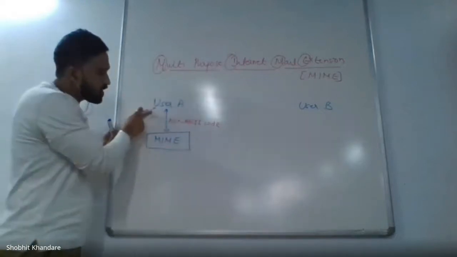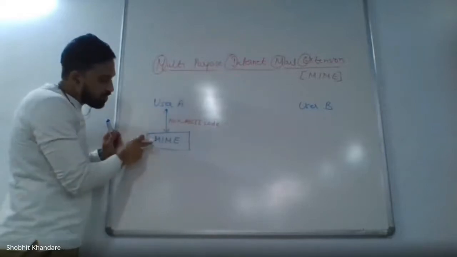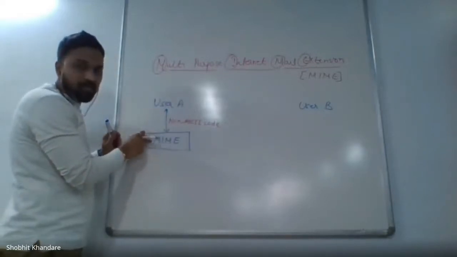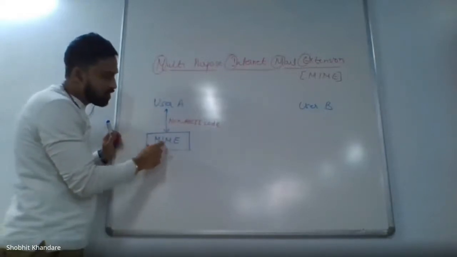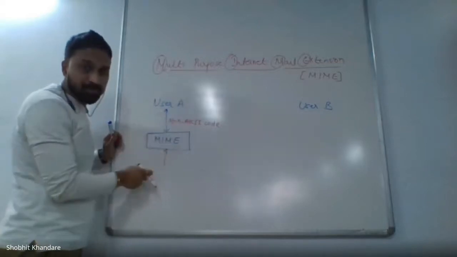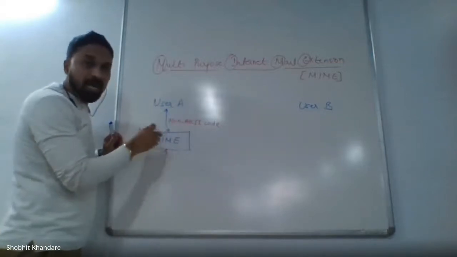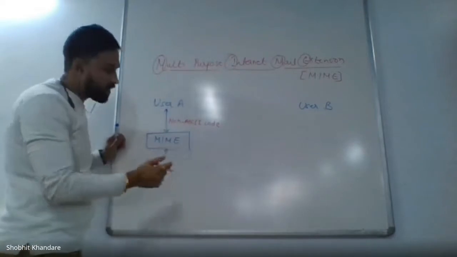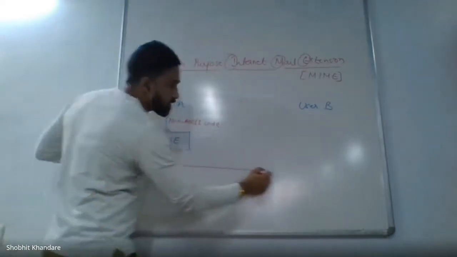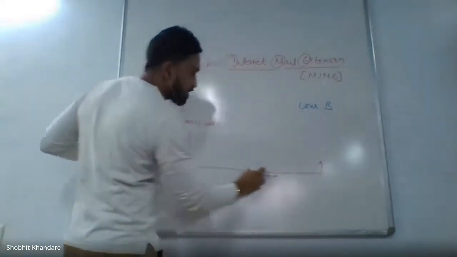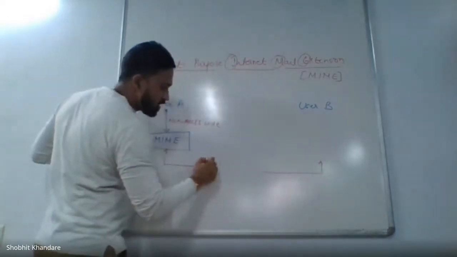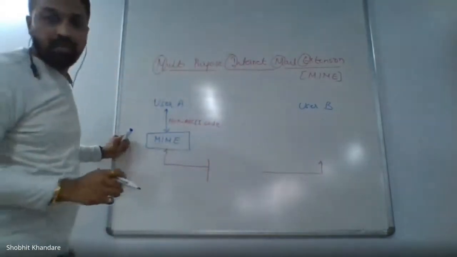User A, by using MIME, will be able to convert this non-ASCII into ASCII, and then by using SMTP you will be able to transmit the data. In between, if you want, you can write down that it is the email system.